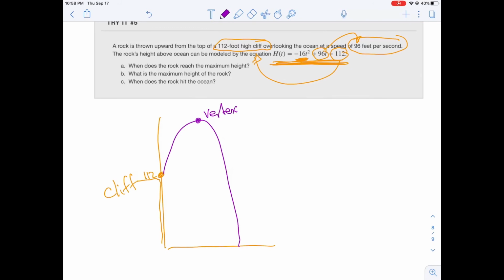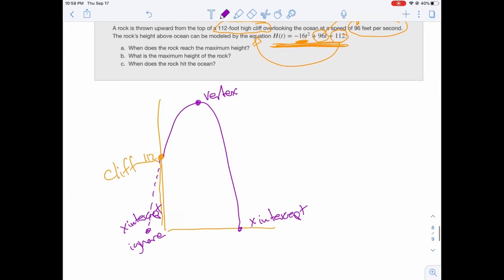And here's the vertex, and here's the x-intercept, and here's the other x-intercept, but that one we'll ignore because obviously that's when time is negative, and that's probably not the answer we're actually looking for. And this is seconds.